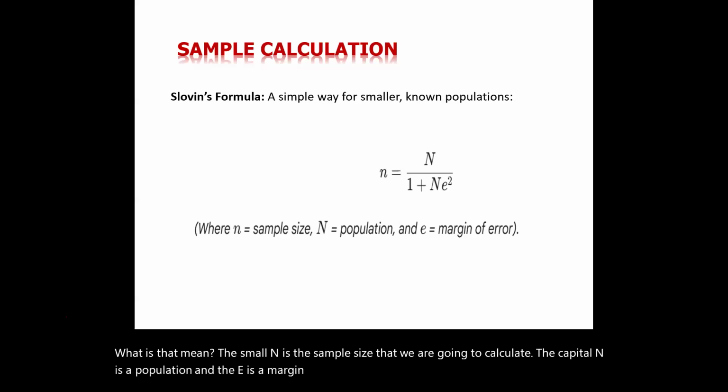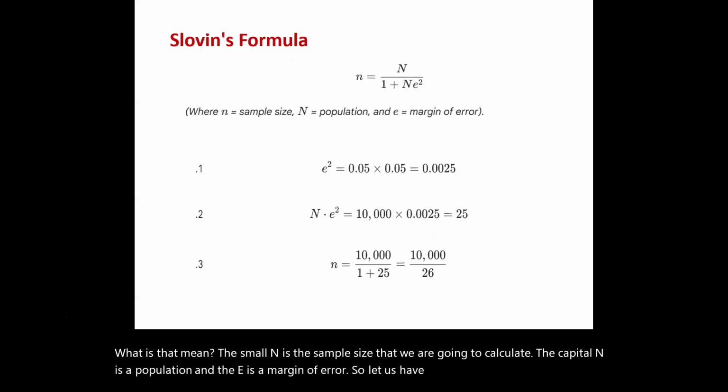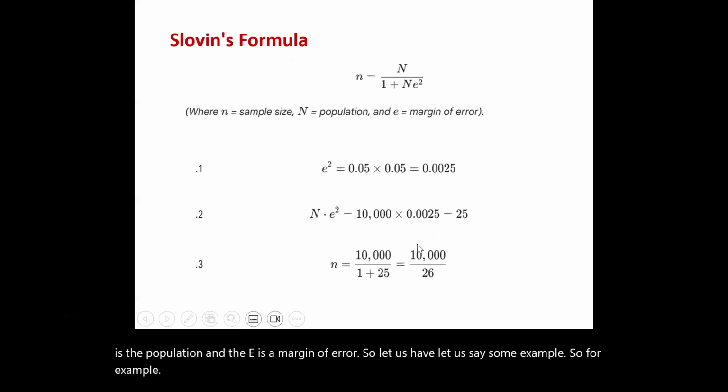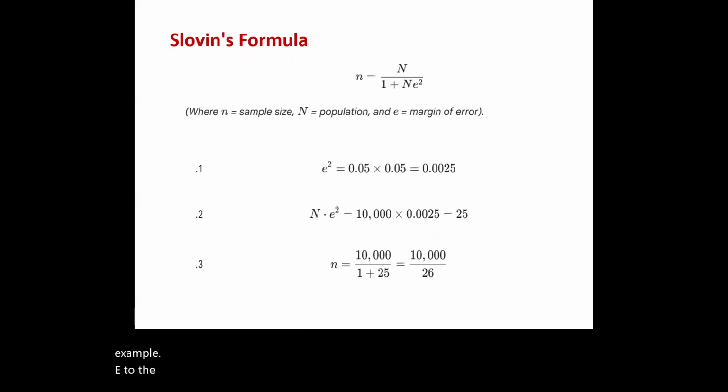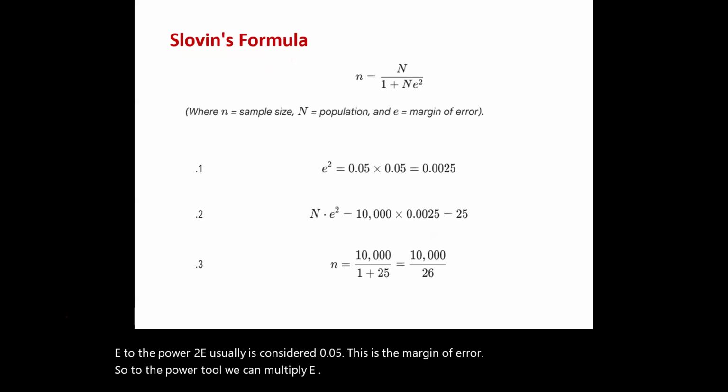So let us say some example. For example, e to the power 2: e usually is considered 0.05. This is the margin of error. So to the power 2, we multiply 0.05 by 0.05. The result would be 0.0025.